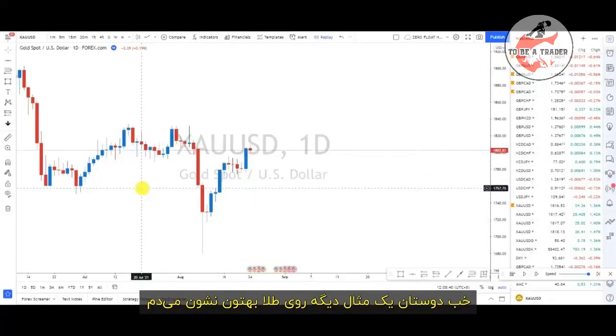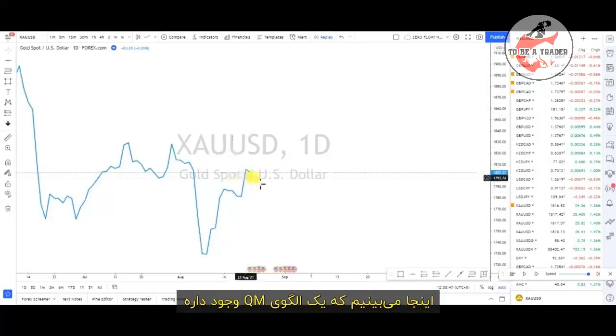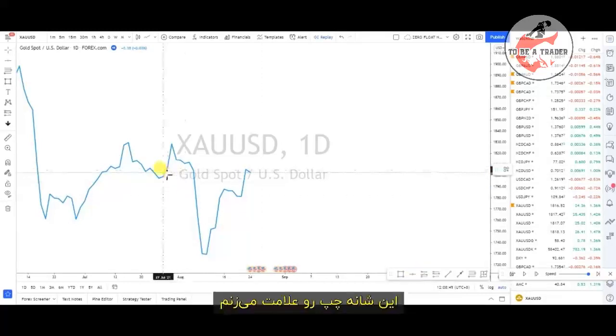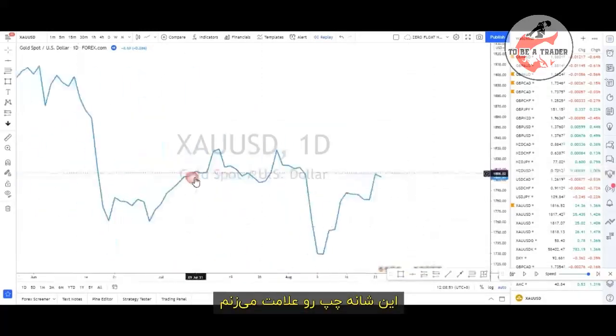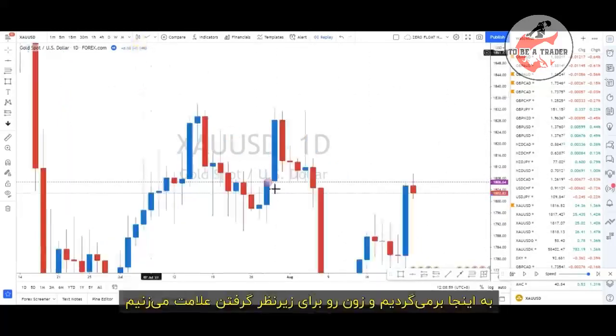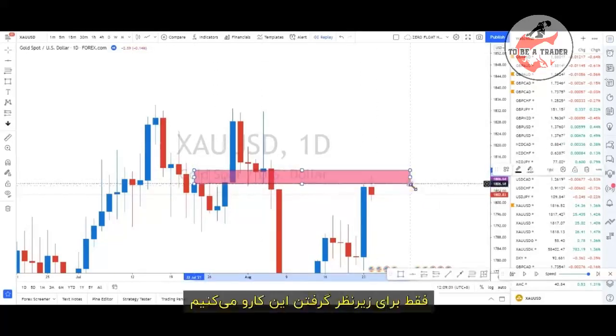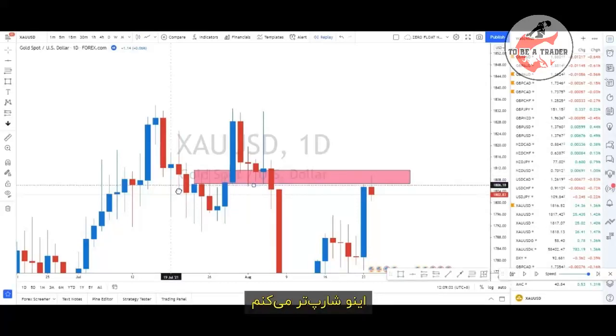Okay, guys, I'm going to show you another example again in gold. This time is the QM on the daily time frame. So here we can see there's a QM pattern. I'm going to mark this as the left shoulder, and then we come back to here, we mark the zone for our monitoring purposes. I'm going to make it sharp a bit here on the body.